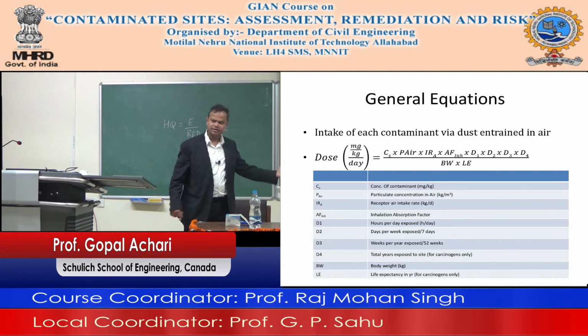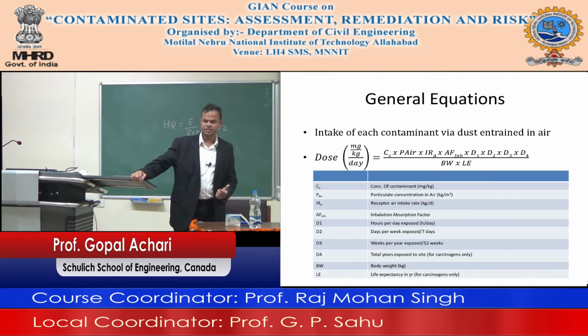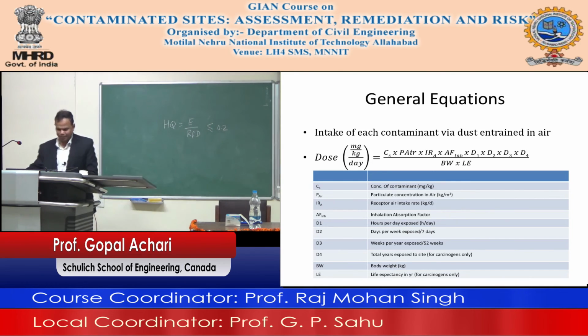That can be 100, that can be 1,000, that can be whatever number you think, depending on interspecies variation, intraspecies variation, the effect that you are seeing, and so on. So based on all of this, you come up with what is known as a tolerable daily intake.